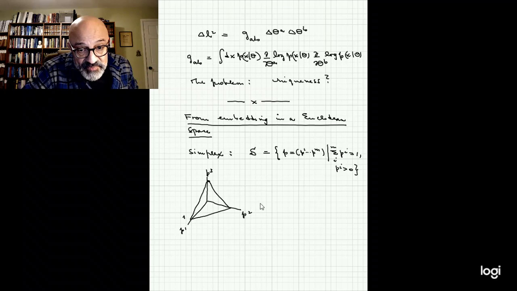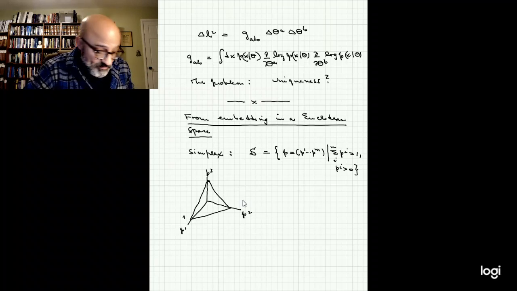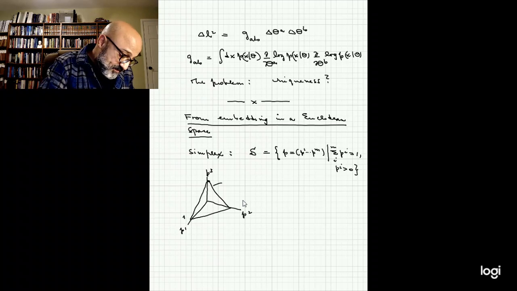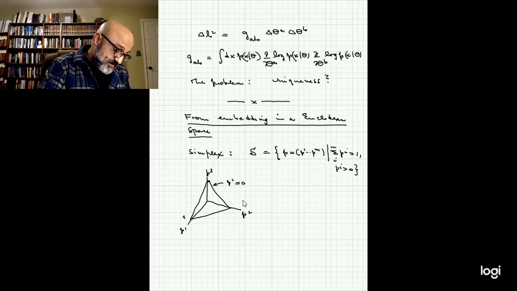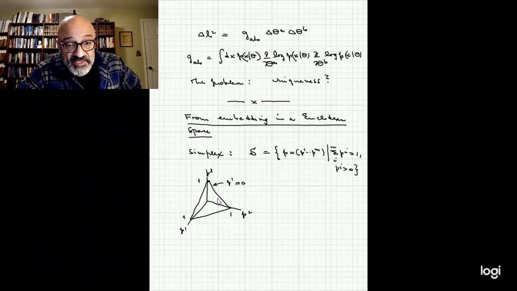On the plane p2, p3, p1 is equal to 0. So on that line, p1 is equal to 0. Here p3 is equal to 1. On the bottom plane, p3 equals 0, and so on. This is the one here. So this is the space of probabilities when you have three alternatives, three values, 1, 2, 3.